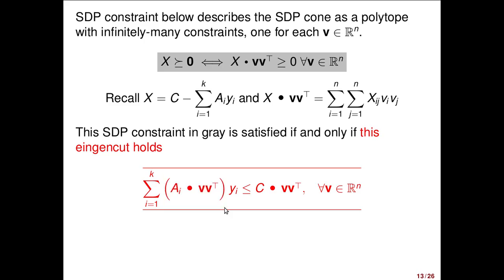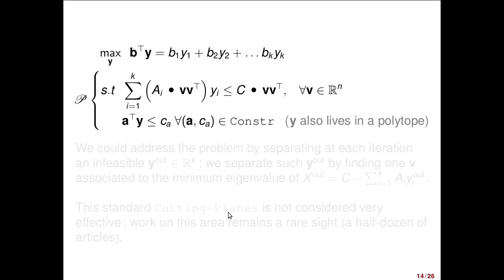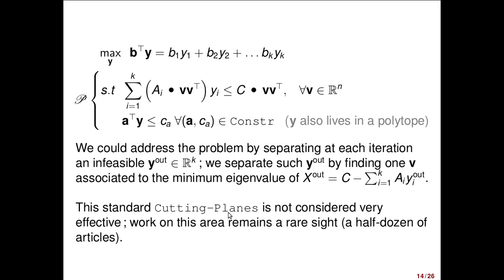During the cutting planes framework algorithm that I will propose, I will generate many vectors v, and each time I generate a vector v, I need to pay in computational terms the calculation of this and of these k values. Let me write the problem this way. We could address the problem by separating at each iteration some infeasible y. How can we separate?